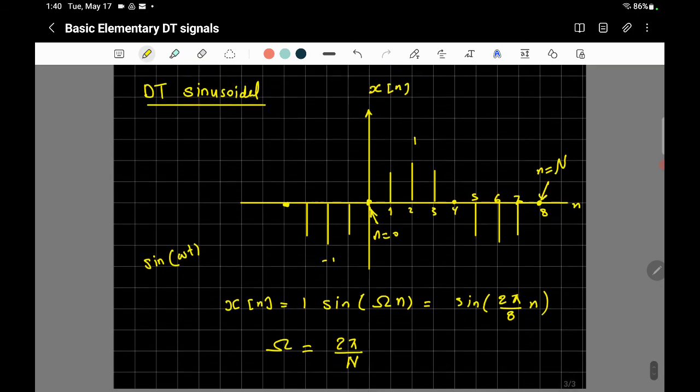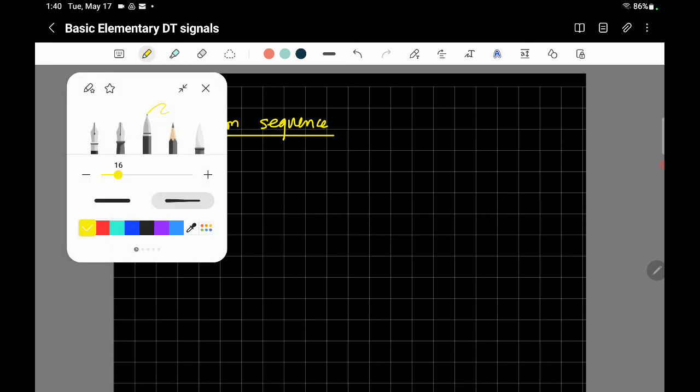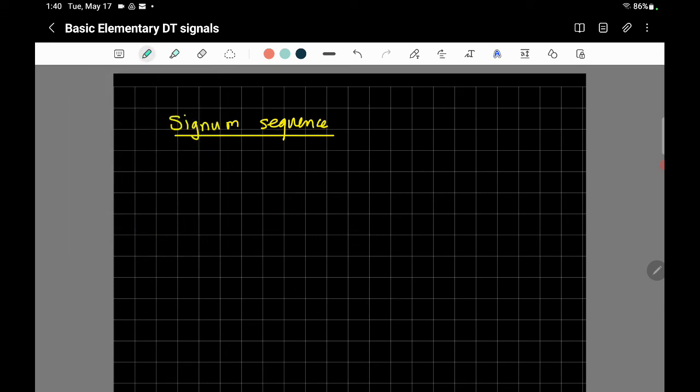Okay, I think there's one left. That was another one, the sign function, if you remember the one we did, the continuous sign function. Let's do the sequence. Let's draw the horizontal axis n and the vertical axis, and then write x of n.